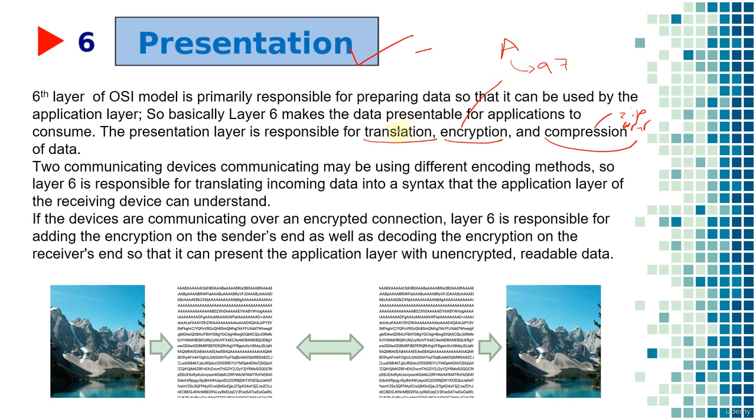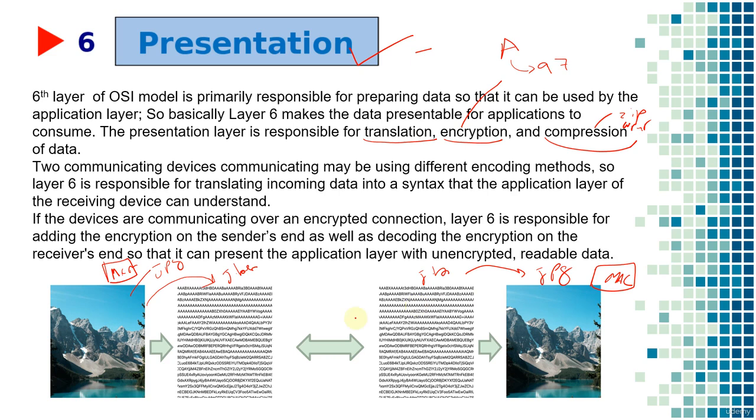Then this is the translation. As you can see over here, it is going to translate whatever image we have. This is in the JPEG format. It is going to translate into this gibberish data, and then vice versa. Gibberish data is going to translate into the JPEG format. Let's suppose this was Microsoft Windows and this is a Mac operating system.